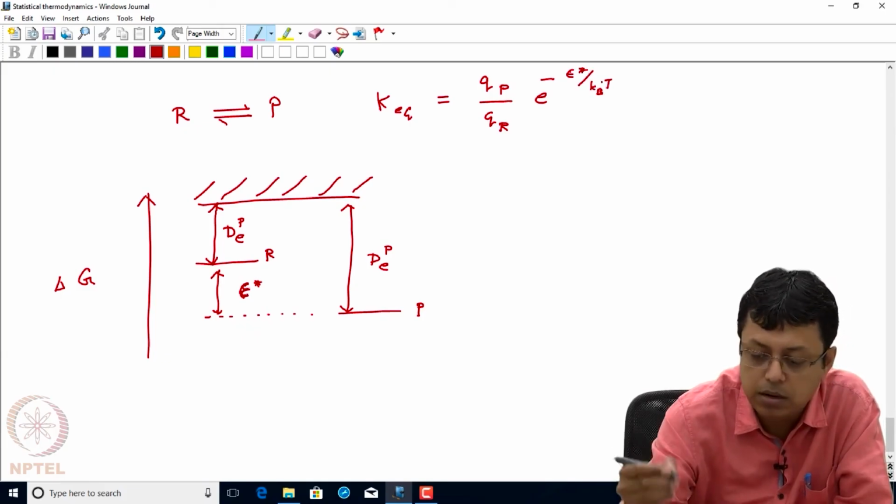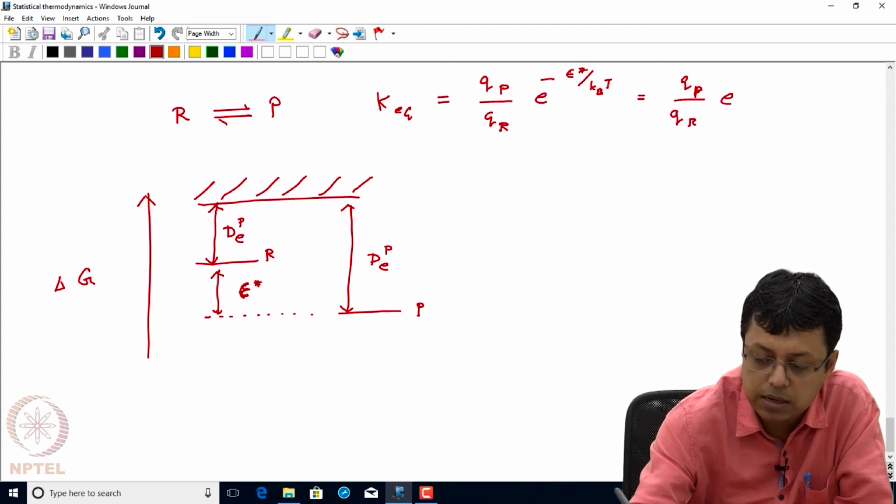If we write it in molar notation, instead of kBT you should write RT, and similarly you write capital E for the molar notation.